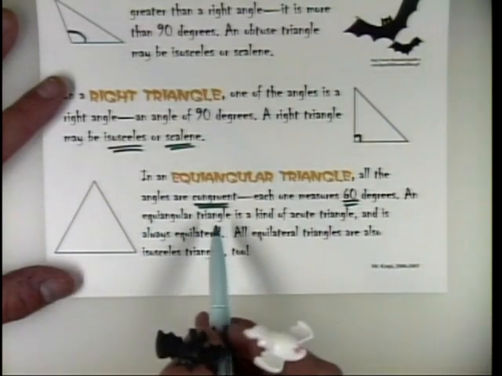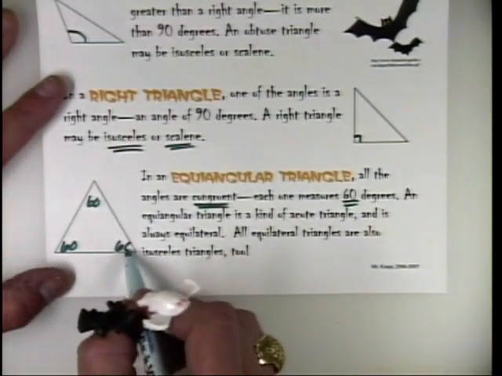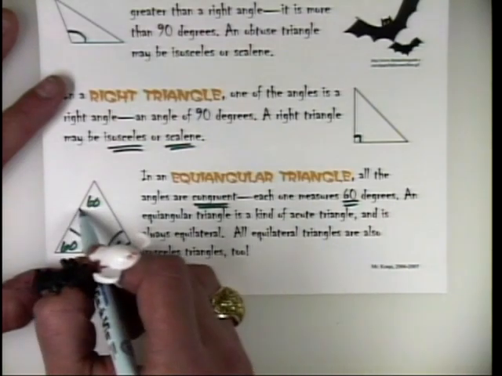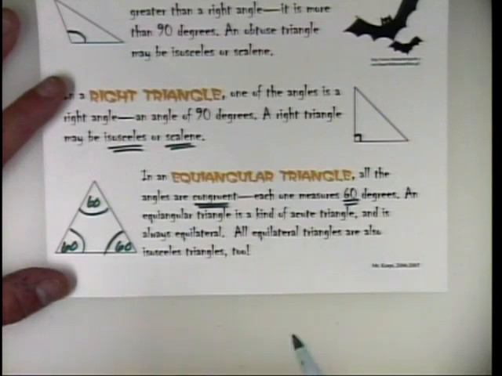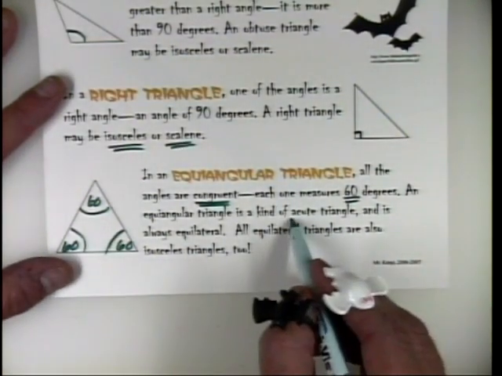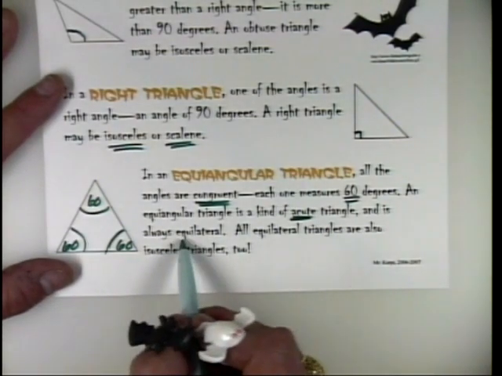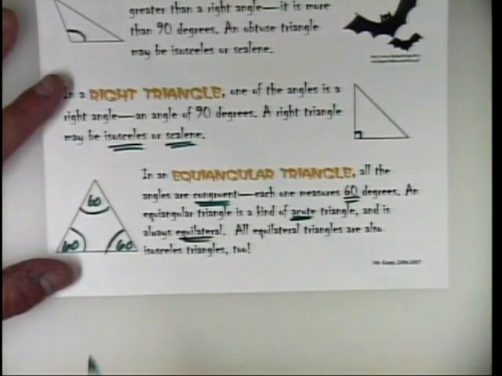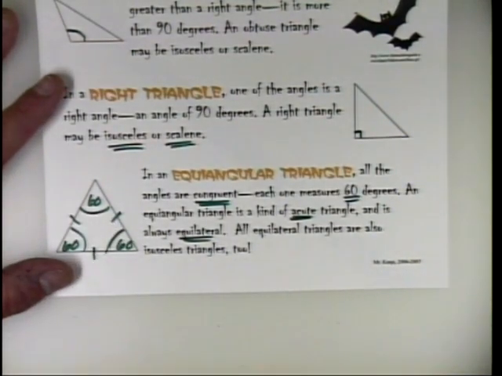Now, an equiangular triangle, if they're all 60 degrees, can we further classify it? Well, 60 degrees is less than 90. So all the angles are less than 90, which means it's also a special type of acute triangle. And guess what else? It's always going to be equilateral as well. So we know that all three sides are the exact same measure.